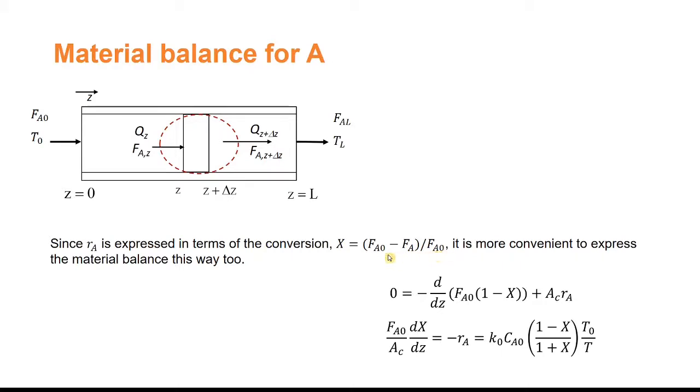So that is FA0 minus FA divided by FA0. So this X will be a number between 0 and 1. It may get to 1 at the end of the reactor, or it may not, depending on how long the reactor is or how efficient the reactor is.